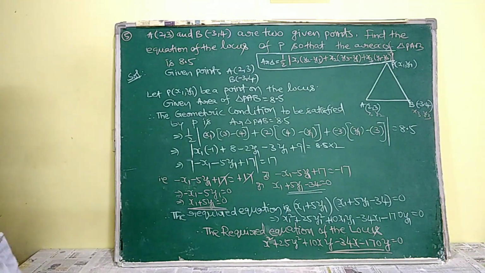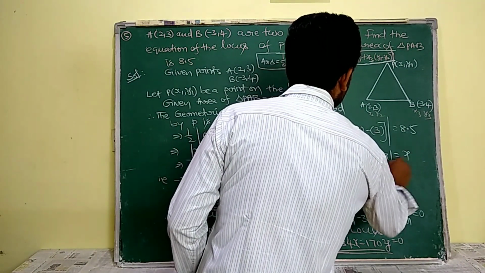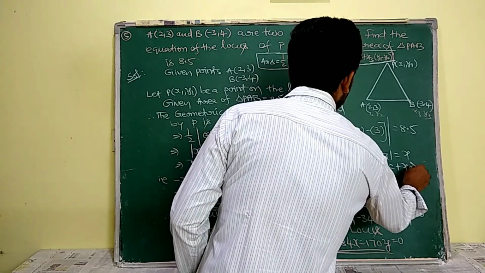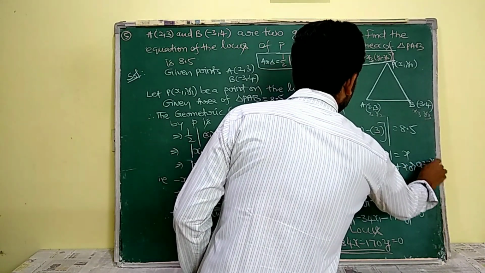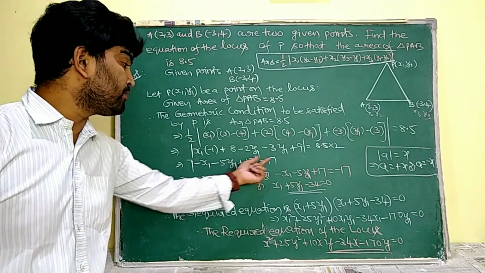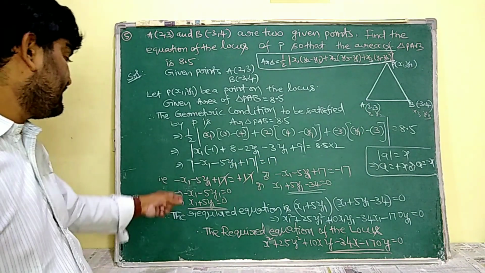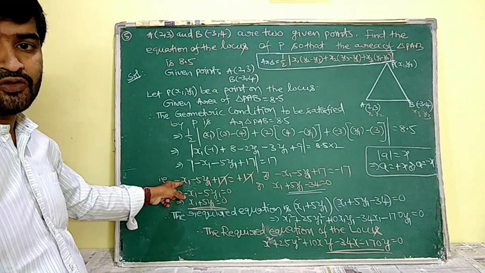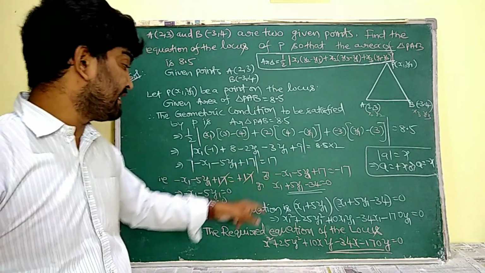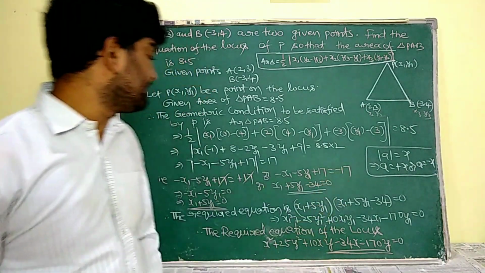We know that if modulus of a is equal to x, that implies a is equal to plus x or a is equal to minus x. By that, this entire value is equal to plus 17 or this entire value is equal to minus 17. That is what we are going to use now. Minus x1 minus 5y1 plus 17 is equal to 17, or minus x1 minus 5y1 plus 17 is equal to minus 17.